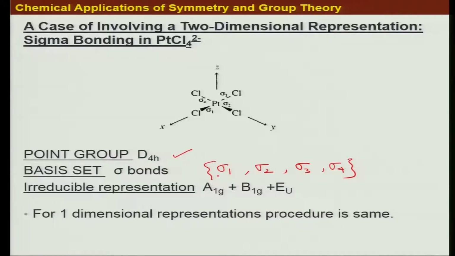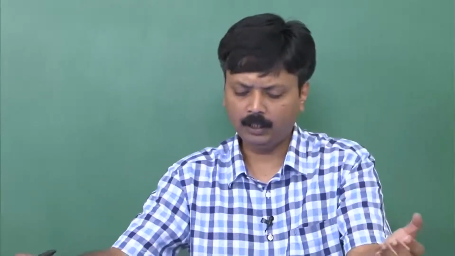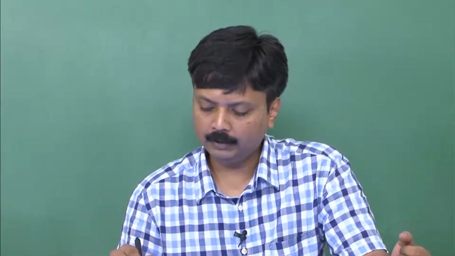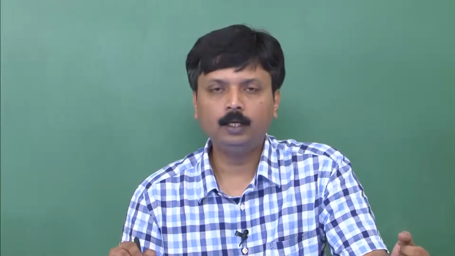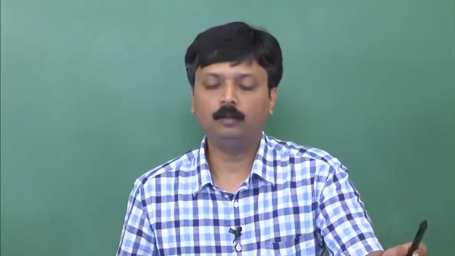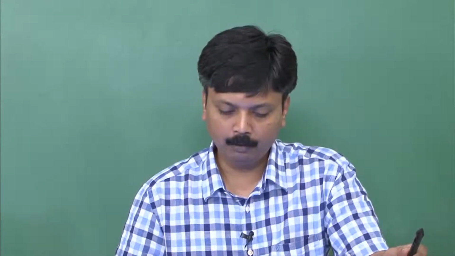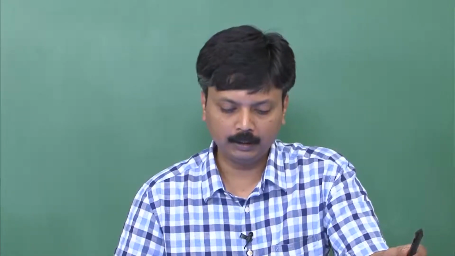Using this basis set we have to form a representation. That representation most likely is going to be reducible, because we are using these 4 basis functions, and you will find that it is a reducible representation that you get. Once you get this representation based on this basis set, you consult the character table for the particular point group D4h, which is given here.